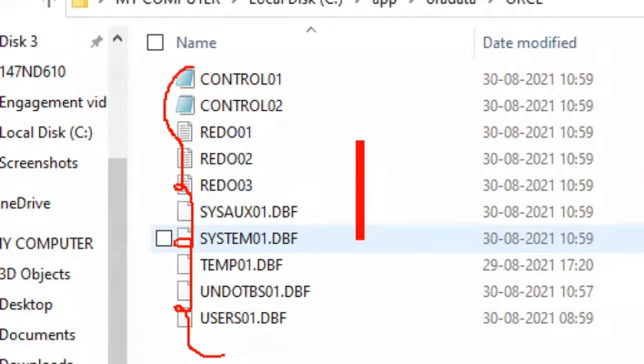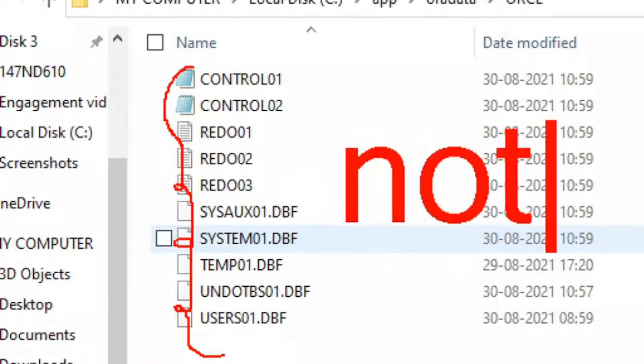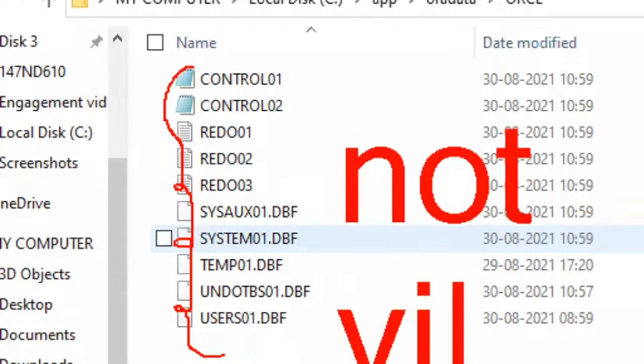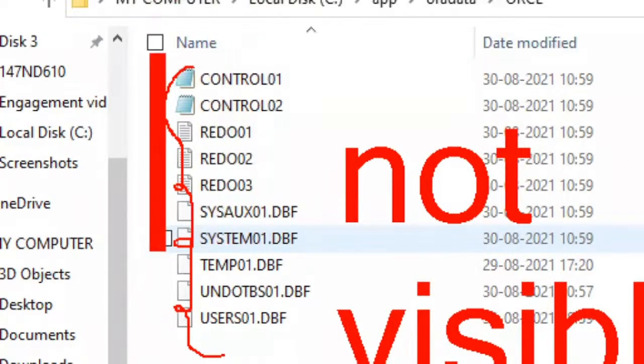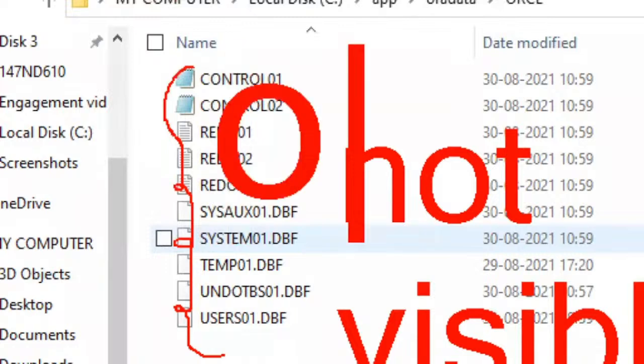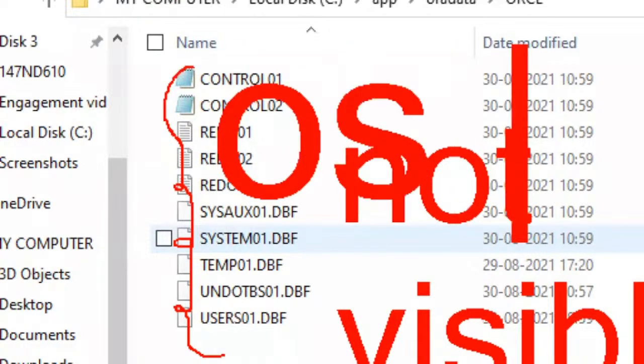Z is a table I'm giving. Is that table visible in the operating system or not visible? Very good, not visible. You are observing or not? This is not visible. That's why a structure which is not visible in the operating system, OS, is called a logical structure.